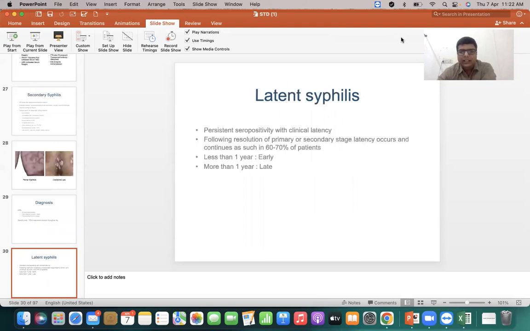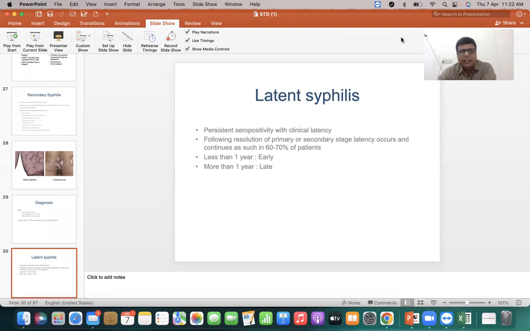Then we see latent syphilis. If the patient is persistently seropositive with clinical latency following resolution of the primary or secondary stage, latency occurs and it continues as such in 60 to 70% of patients.